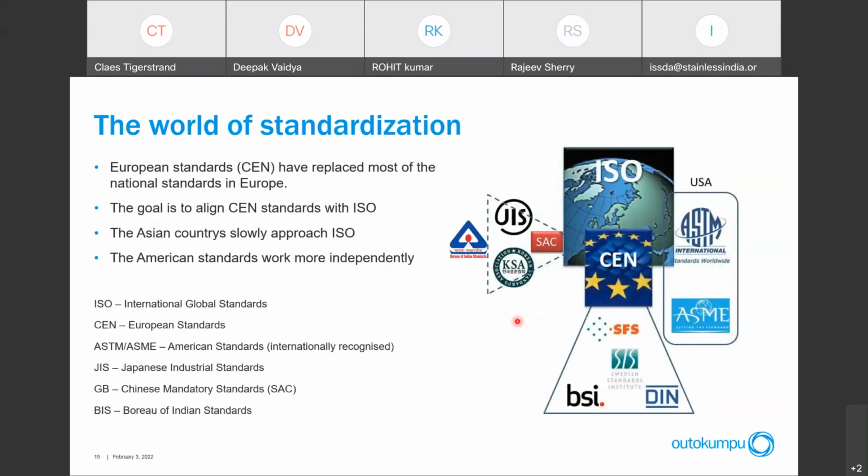We have the Japanese, the Chinese, and obviously also the Indian standards that we follow, making sure we fulfill the regulations and have the right approvals to sell our products in those countries. And then we also have the ISO standard, which is a global approach. We spend quite a lot of time to make sure our grades are included, but also to develop the standards for better utilization of our products.